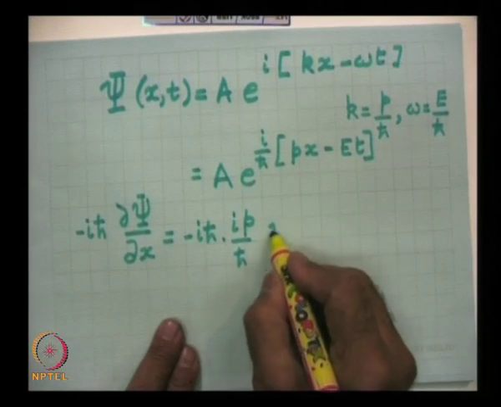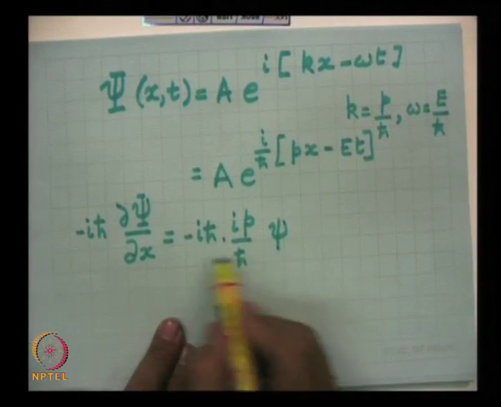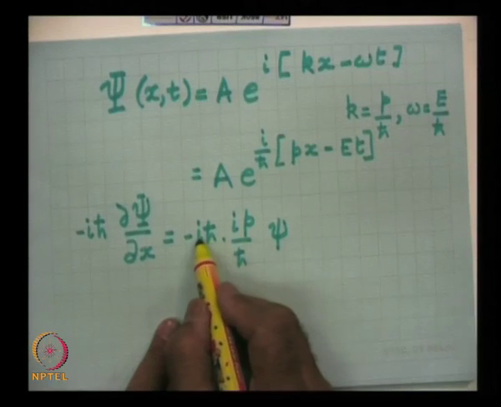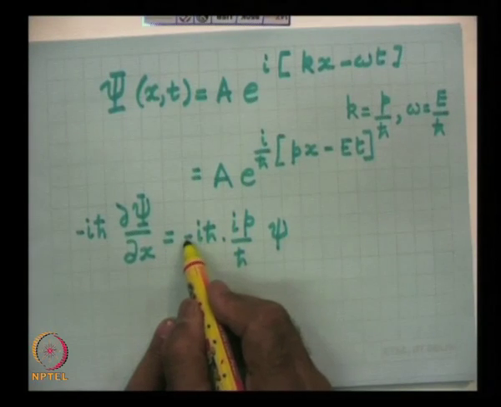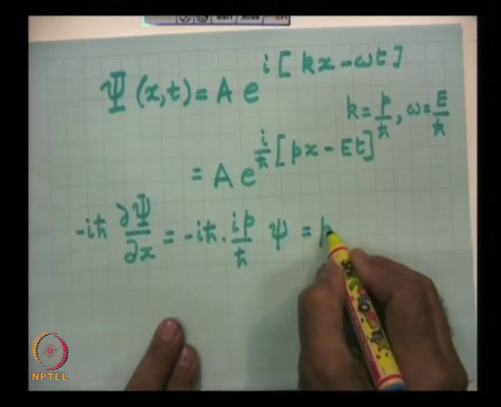So, therefore, this is ψ. The h cross cancels out, i times i is minus 1, so minus minus is plus 1. So, this is p ψ.